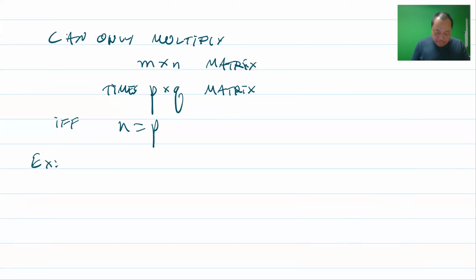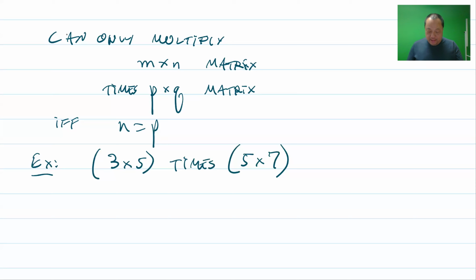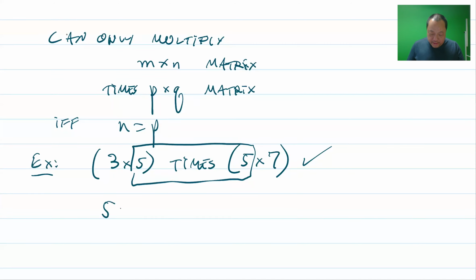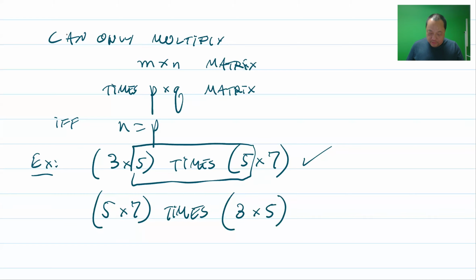For example, if I take a 3 by 5 matrix and multiply it by a 5 by 7 matrix, then it's okay because the inside numbers are equal, and that's good. But if I do it the other way around, a 5 by 7 matrix times a 3 by 5 matrix, then that's no good.